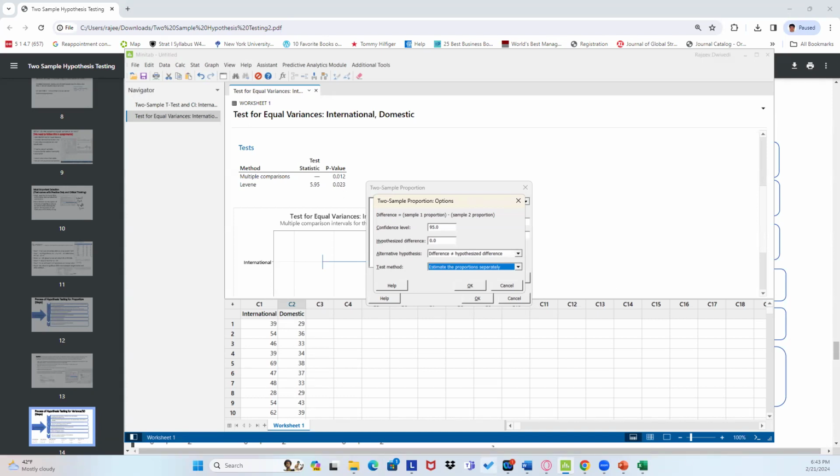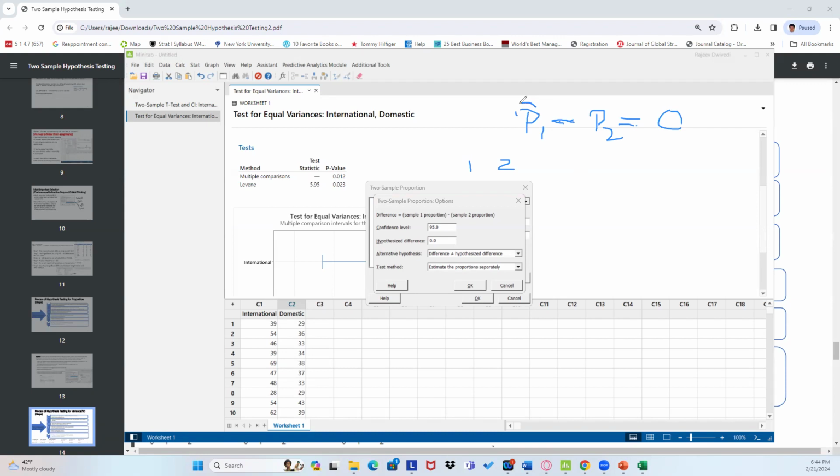So let's understand the meaning of all these three. Let's say proportion 1, whatever you are putting on the data side, P1 and P2. So here you put proportion 1 and proportion 2. P1 minus P2 equal to 0 is simple, equal or not equal.